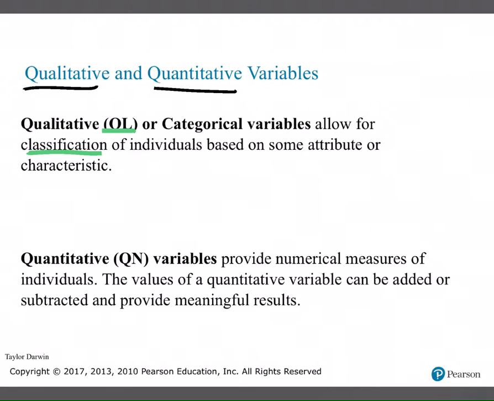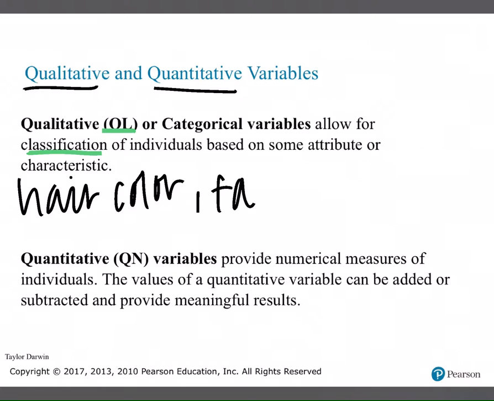Maybe an example of a qualitative variable would be hair color, favorite TV show. Anything that you favor is a category. Just anything that has some sort of category. Maybe your favorite candy, Starburst color, whatever that may be.